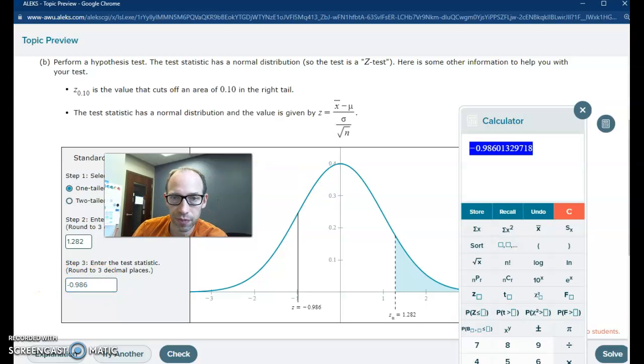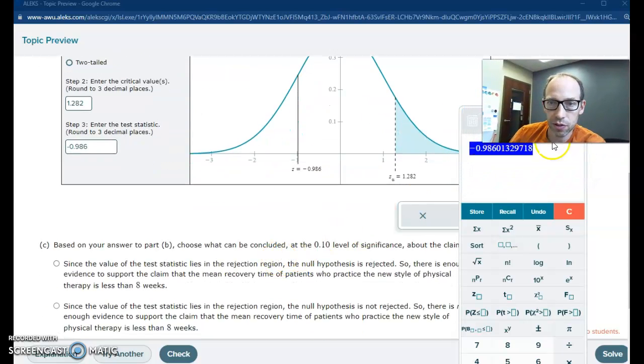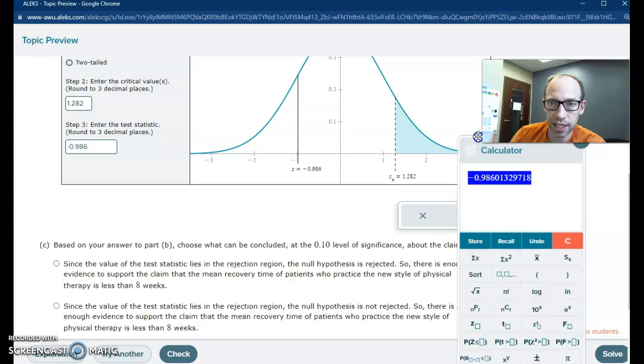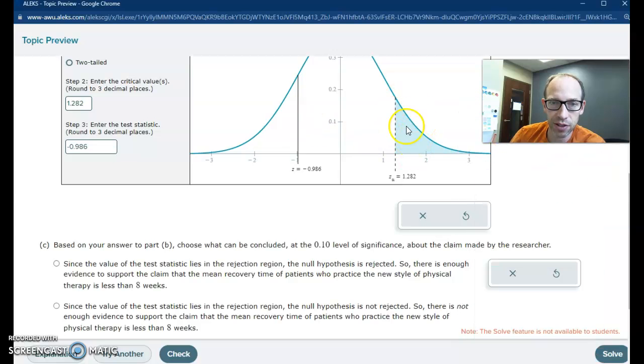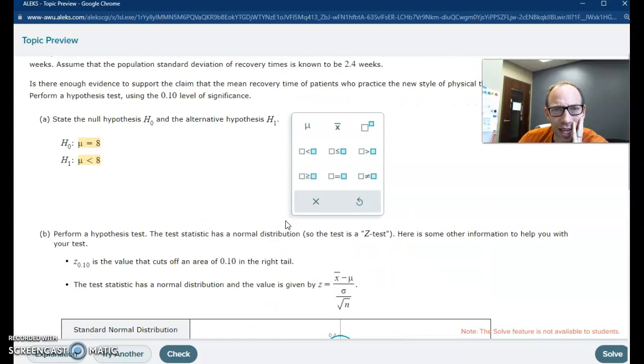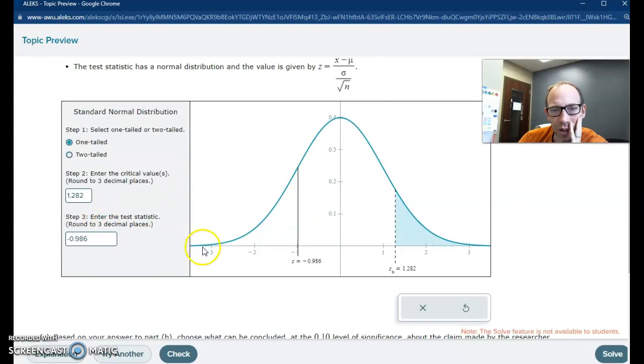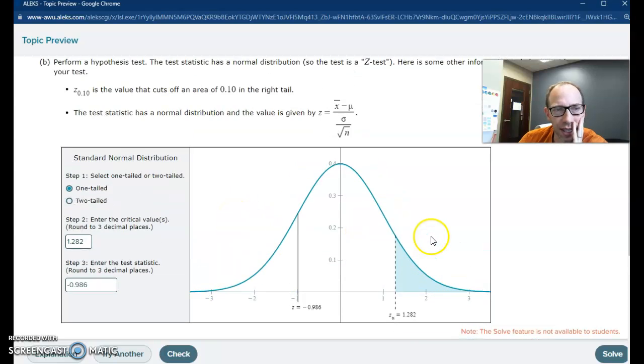Okay, pop myself back over here. So did we actually get into that zone? Well, we were over here. Oh, okay, I wondered why we were setting this up here. So we need to do a left-tailed test. So the only way we're going to reject is if we're far enough over in the left tail.